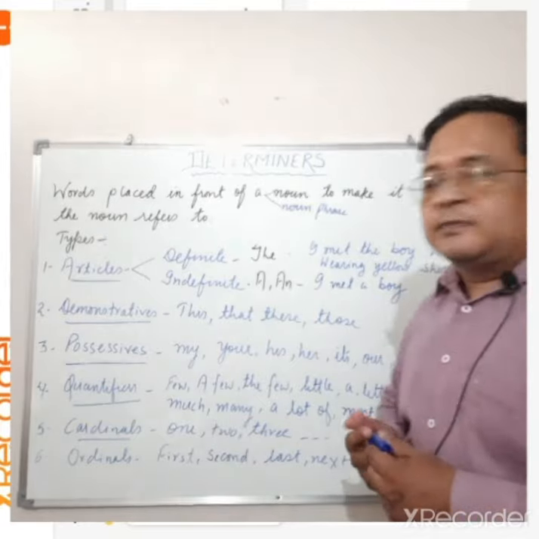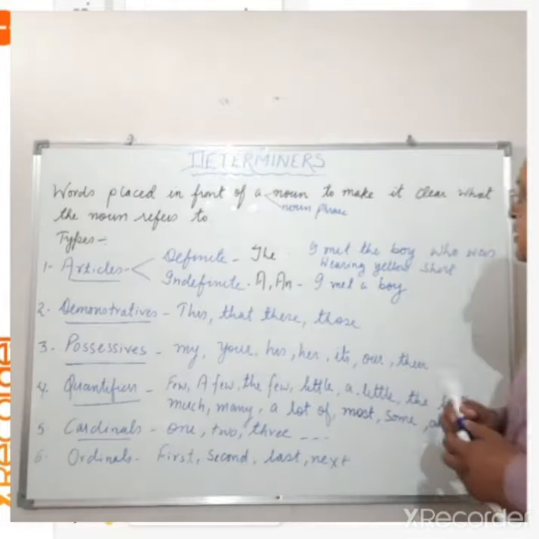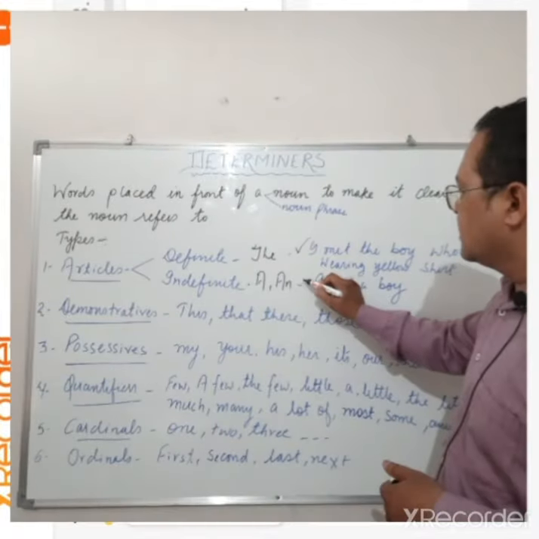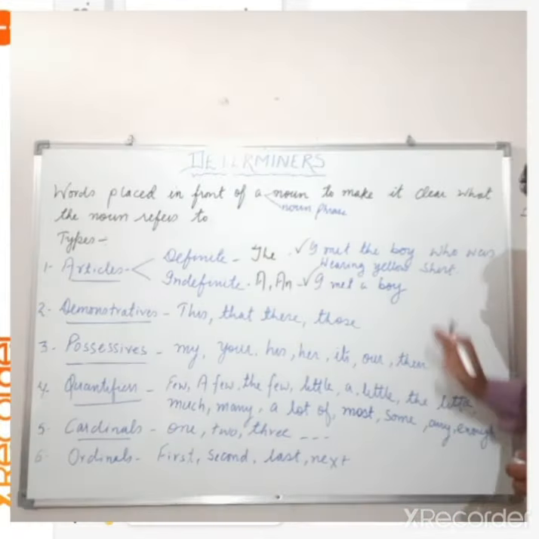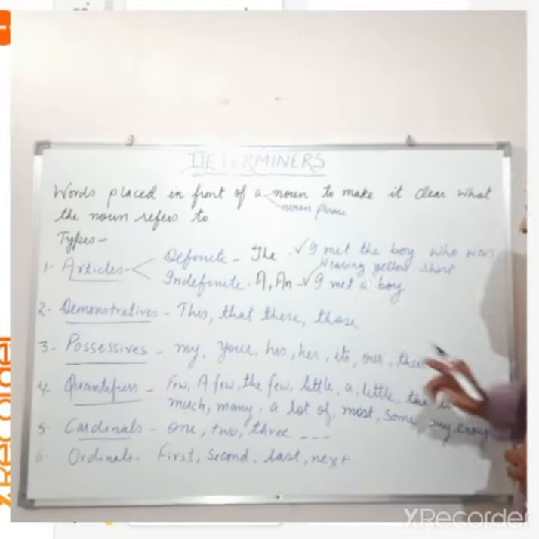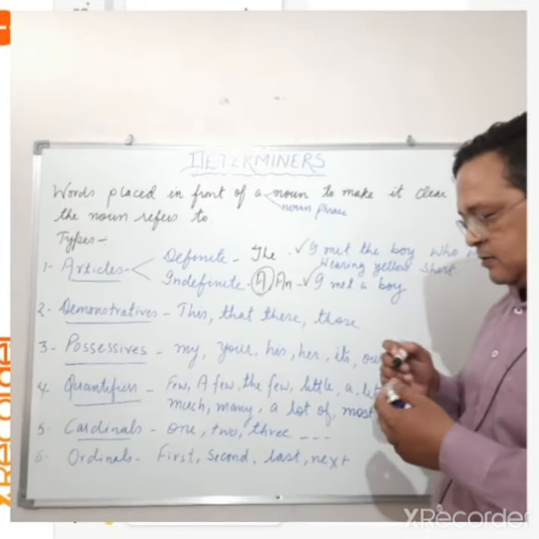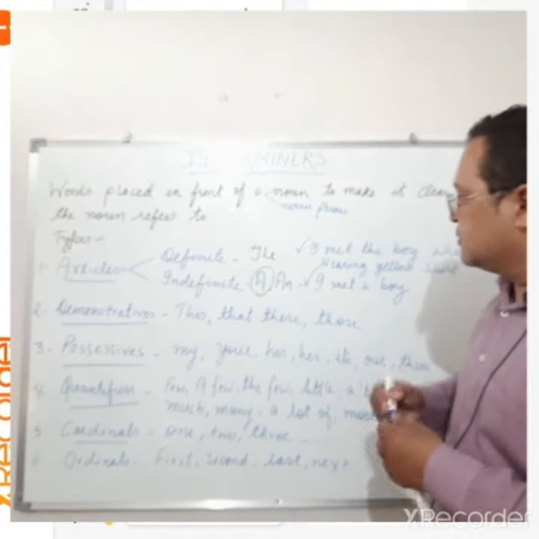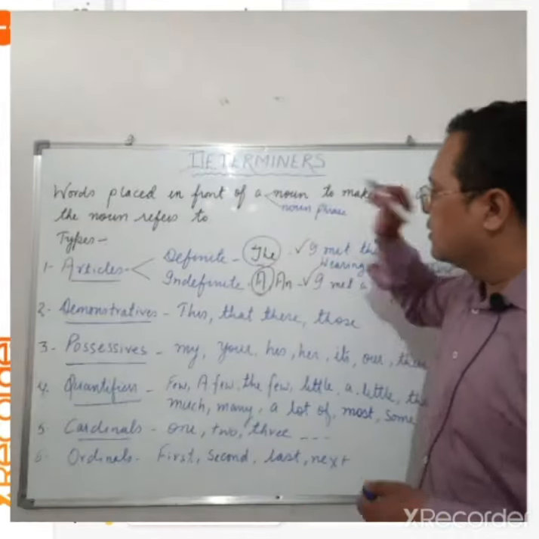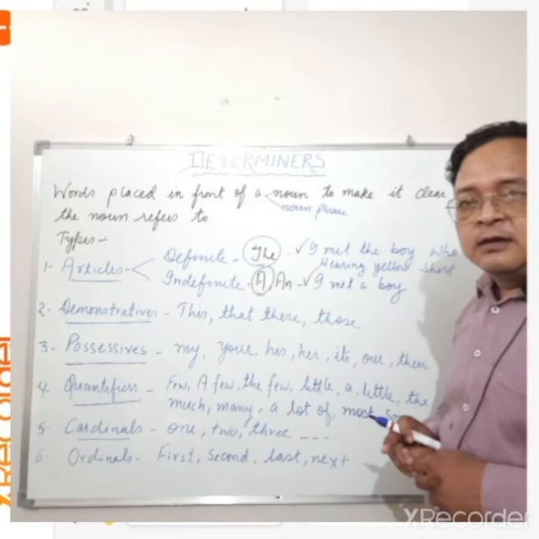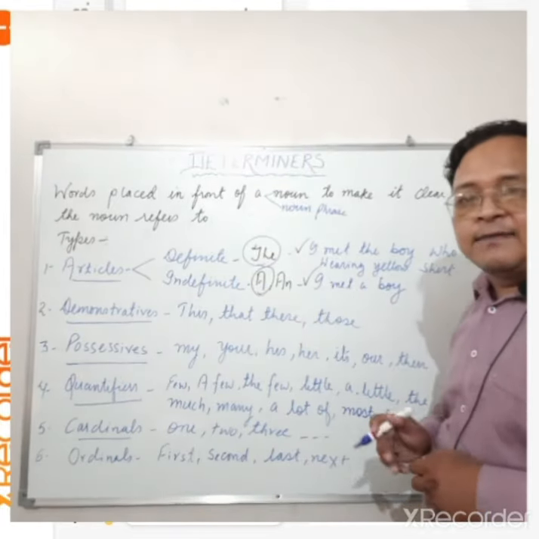So children, I think these two examples make the point clear in your brain why a and the are known as indefinite and definite.